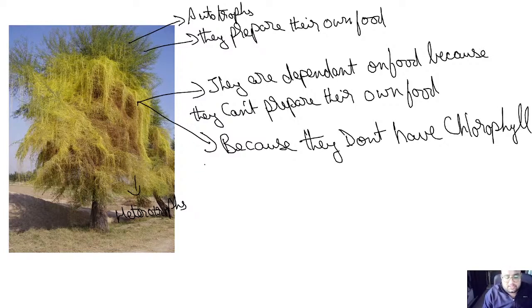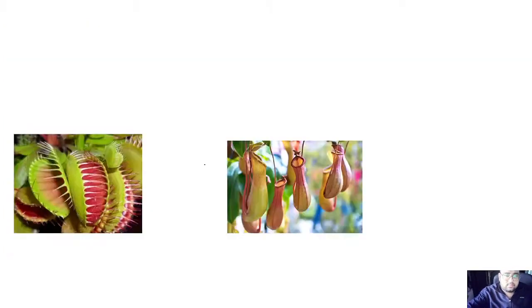Can we go to the next topic, students? That is insectivorous plants. There are a few plants who don't prepare their own food. They are not dependent on food from plants either, but they have a mode of eating.